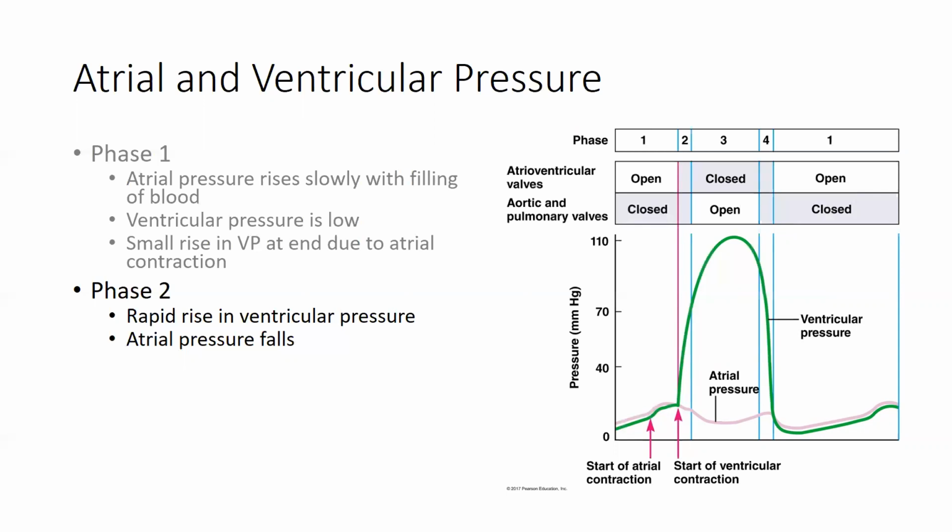But what chamber is gradually increasing its pressure? The ventricles. So the pressure in the ventricles is gradually increasing in phase 2 in an attempt to overcome the pressure in the vessel to open the semilunar valves. So ventricular pressure is going to be rising in phase 2.